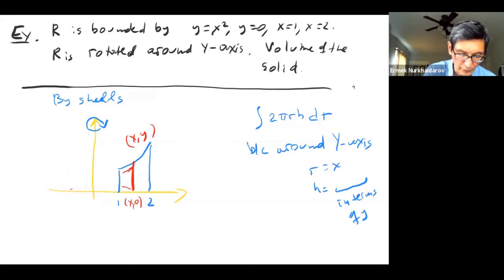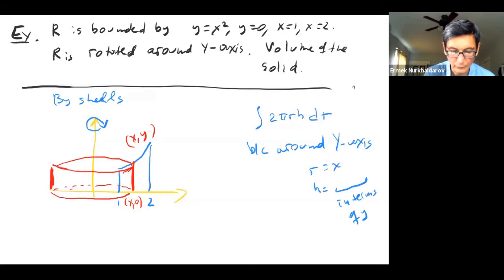Then you definitely see that's the height, and that's your radius. Radius is x because it's horizontal. Height is vertical, so y.